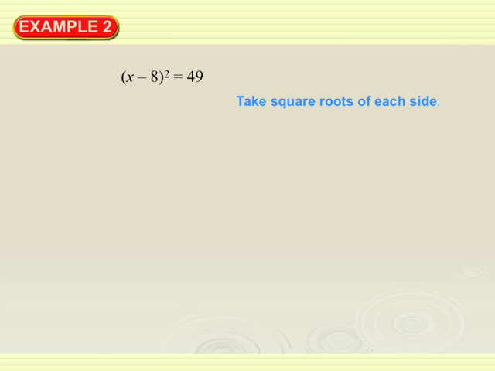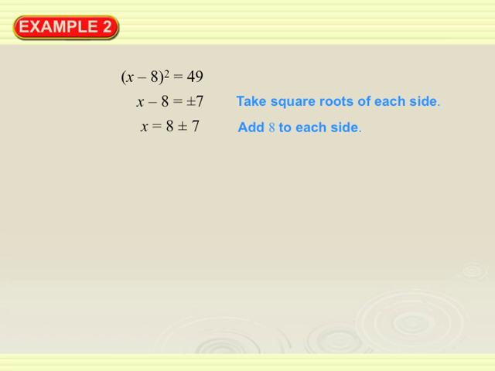Now I have this expression, x minus 8, that quantity squared, equals 49. I'm going to take the square root of both sides, so I have x minus 8 on the left, and I have both the positive and negative square root of 49 on the right. So x minus 8 equals plus or minus 7. I can add 8 to both sides of my equation to get the x by itself, and so I have x equals 8 plus or minus 7.